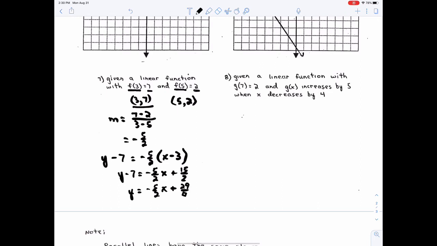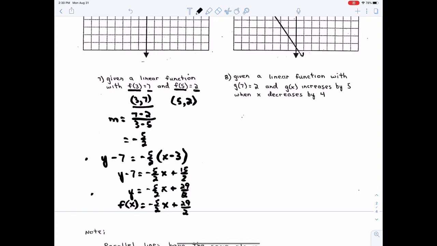Okay, I would take the one up here, but this is a better answer. If we want to really make it look correct, f of x equals -5/2 x plus, whoa, what happened to that number? 29 halves.